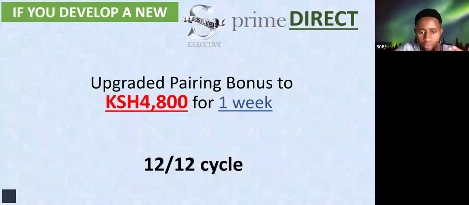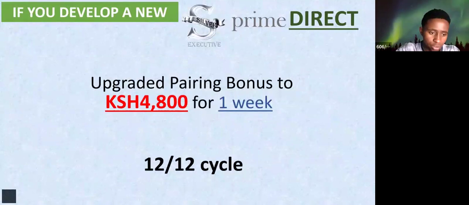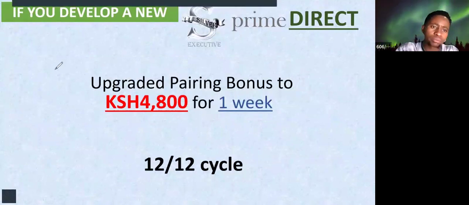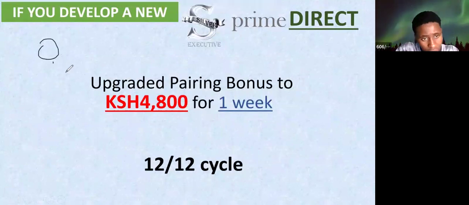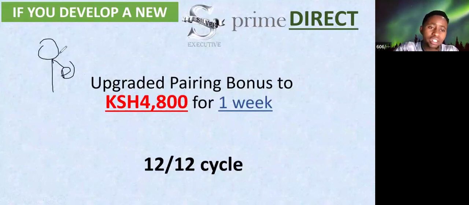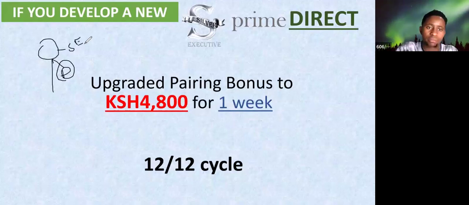So if you have a direct downline, let me also draw this one so you can understand. If this is you and this is your direct, doesn't matter where that direct is placed, and you are a silver executive prime, and your direct downline becomes a silver executive prime.